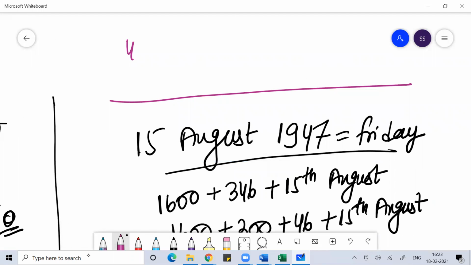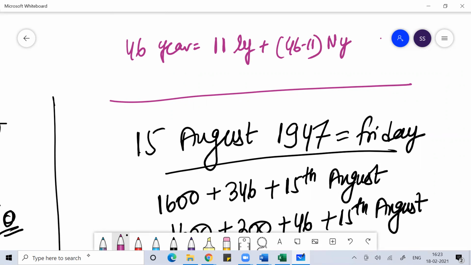If I ask you, in 46 years, how many leap years came? After every 4 years a leap year comes, 46 divided by 4, you'll get 11. So 11 leap years came. Then how many normal years come? 46 minus 11. So this is 11 leap years plus 35 normal years.